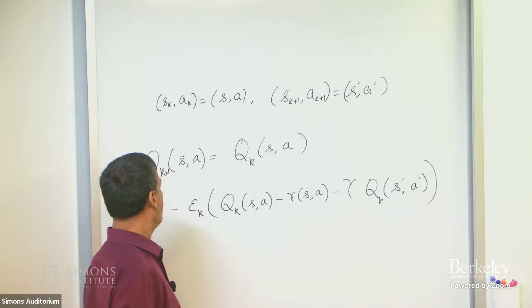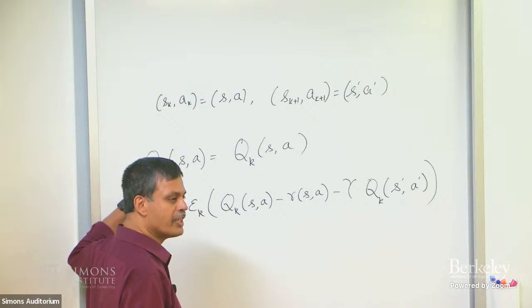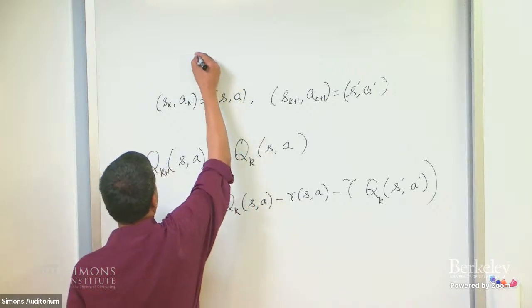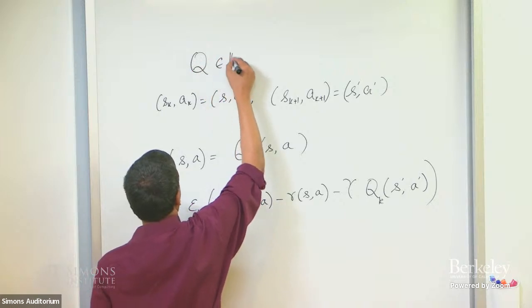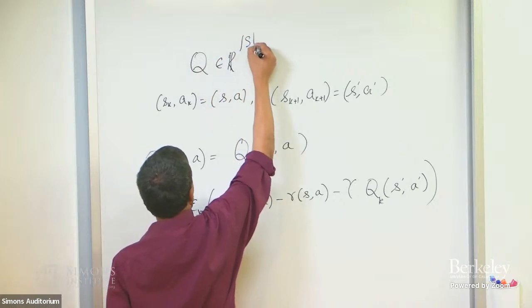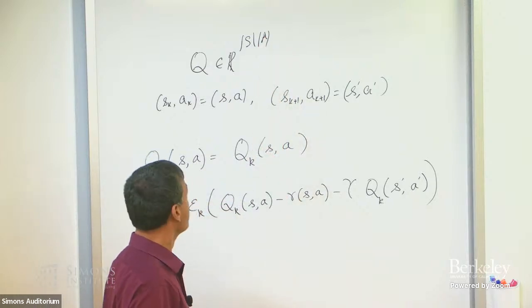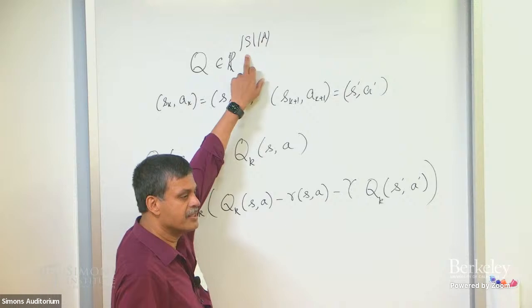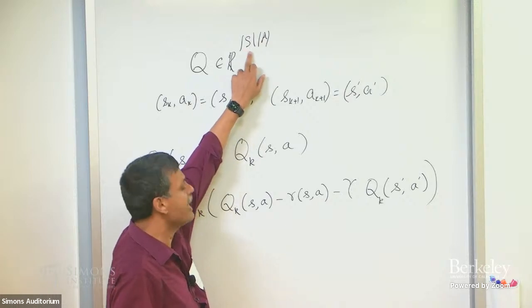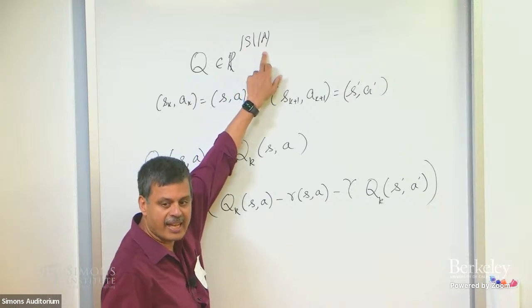But as I mentioned before, Q is a vector of dimension S times A, where the cardinality of S is the size of the state space, and the cardinality of A is the size of the action space.